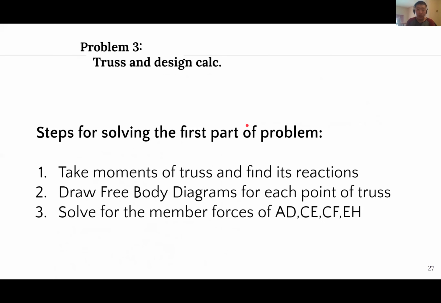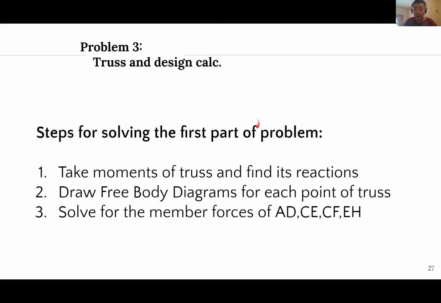So for solving the truss of the first part of the problem, you want to take the moment of the whole free body diagram of the truss and find its reactions at point G and point H. Then you want to draw free body diagrams of each specific point to find out the member forces of AD, CE, CF, and EH.